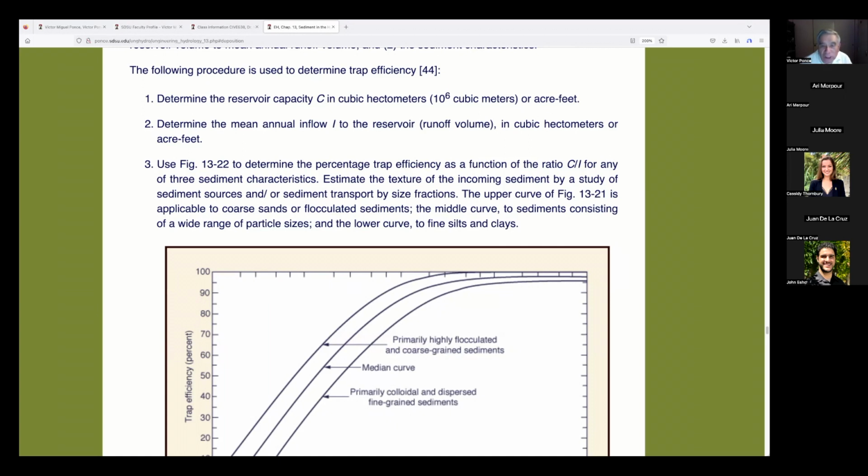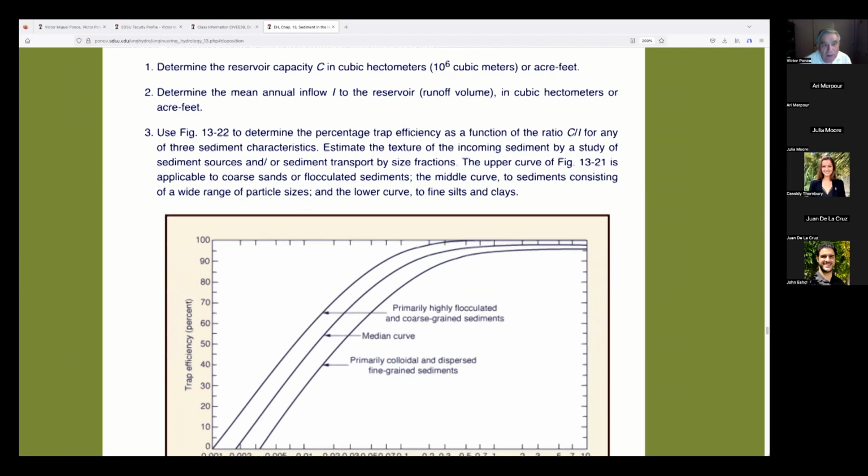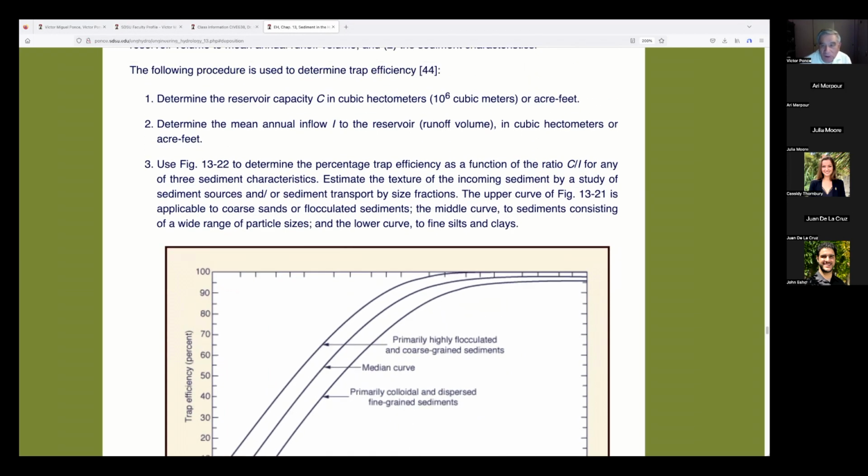So 10 to the 6 cubic meters, that is 1 million cubic meters, equals 1 cubic hectometer. Or it can be also done in acre-feet. An acre-foot, as you know very well, is the volume of 1 foot of depth over 1 acre. That's the US customary system.